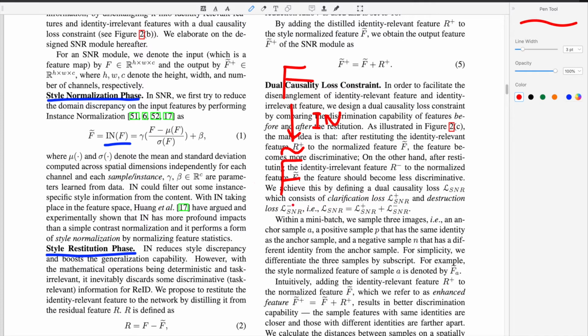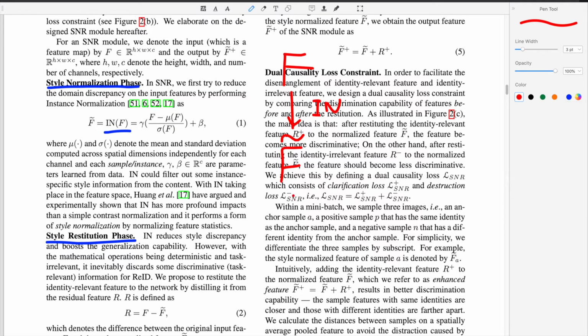As mentioned before, even though this instance norm removes the style information and reduces the domain gap, some of the style information might actually be related to the identity of the person in that image.